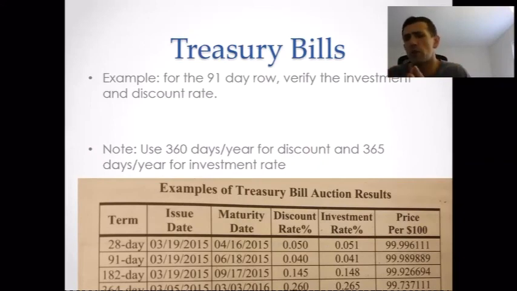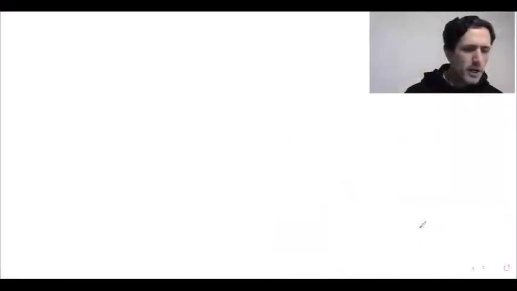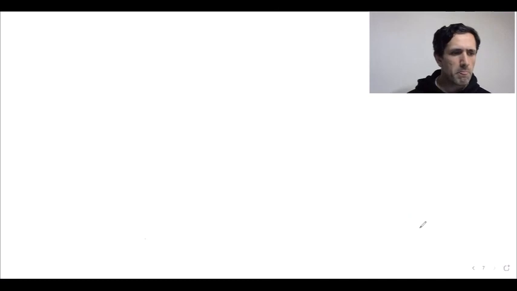Sorry about that, the screen got cut off a bit. It's a little bit bizarre, but that's just the way treasury bills work. It's a strange peculiarity of treasury bills.